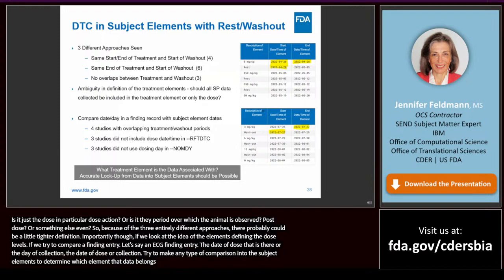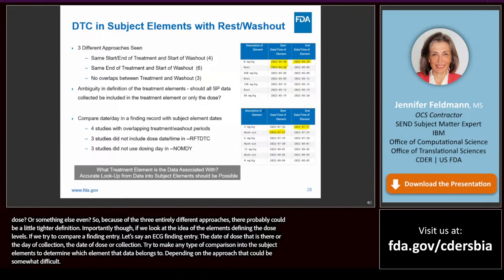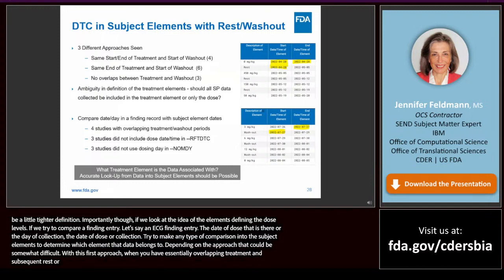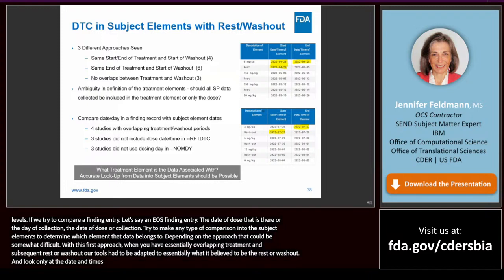So with this first approach, where you have essentially overlapping treatment and subsequent rest or washout elements, our tools had to be adapted to essentially ignore what it believed to be the rest or washout and look only at the date and times, the start and the finish of what we think are treatment elements.